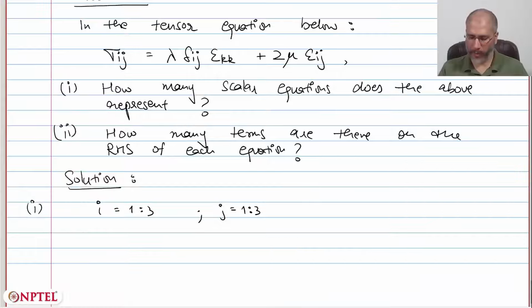So we have a total of 9 scalar equations in the tensor equation that's provided to us, because there's an equation for sigma 11. If you substitute i equal to 1 and j equal to 1, there's an equation for sigma 12 all the way to an equation for sigma 33. So we have a total of 9 equations, one for each component of sigma ij.